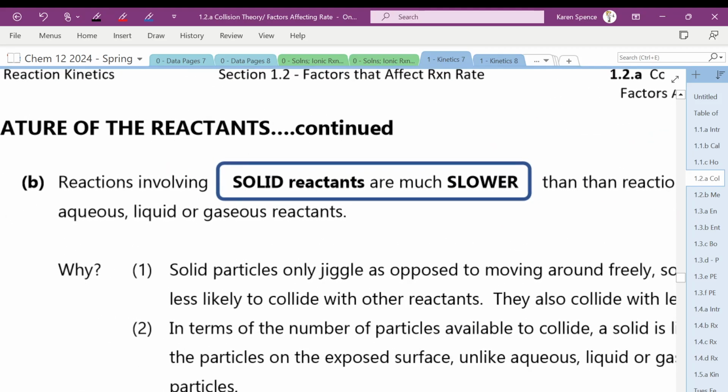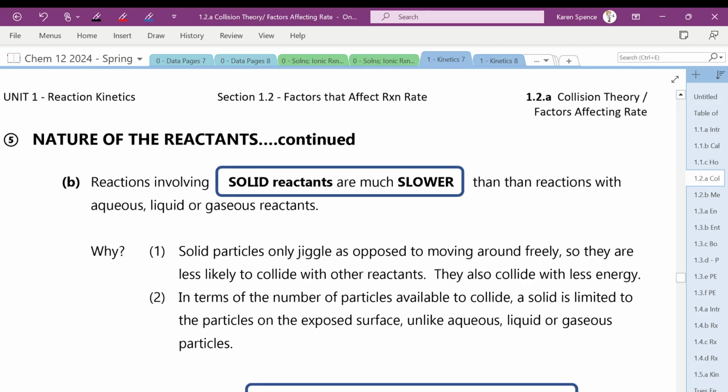Second is that if you have a solid, they are much slower than aqueous, liquid, or gas. And why is that? How do the particles in a solid move? If I was in a solid, I'm one of the particles, do I go zipping about? No, I just sit there and jiggle. Right?